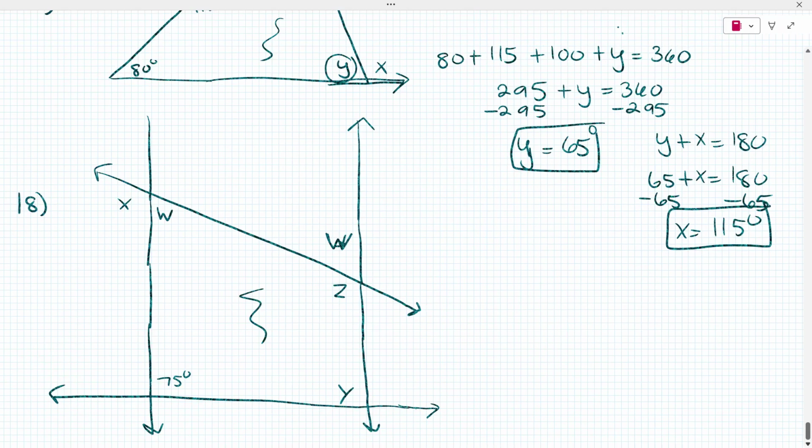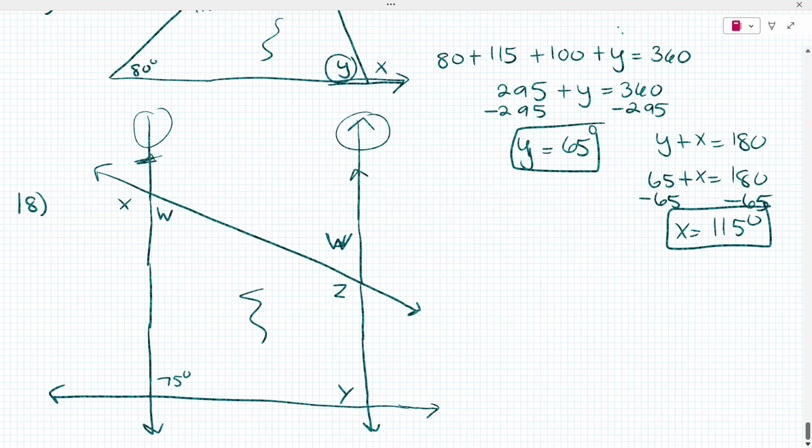Now, can we assume that these two lines are parallel? No, we cannot assume that this line right here is parallel with this line. Although it does look very parallel, they are not parallel because they don't say it's parallel, or you don't have this mark right here.